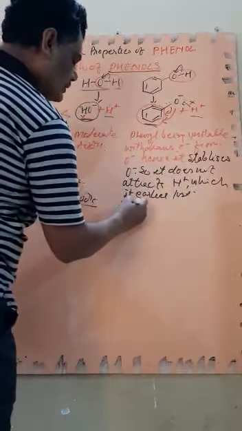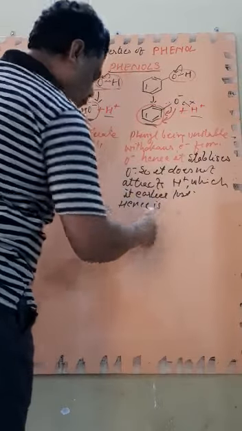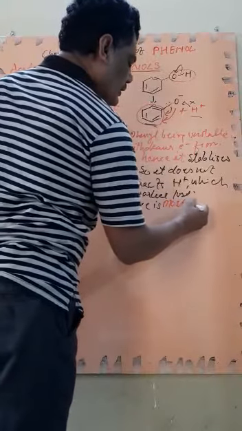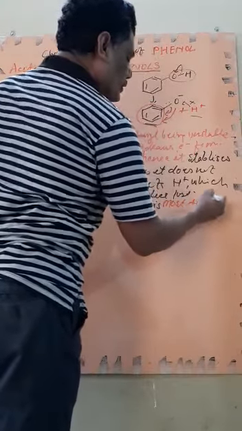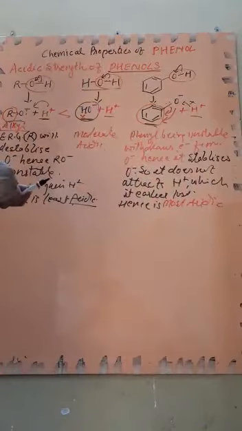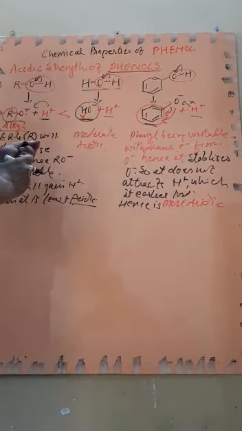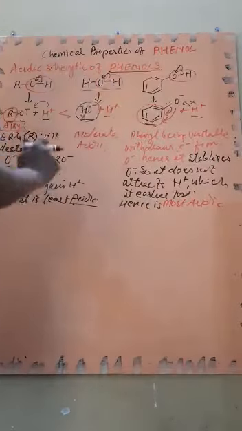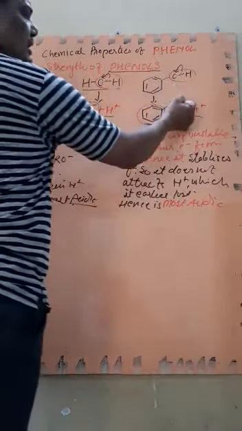Hence phenol is most acidic. So, student, now can you write the answer? Why is phenol most acidic among alcohols, water and phenol? This is due to the stabilization of oxygen anion.